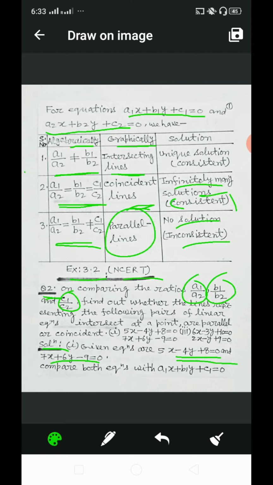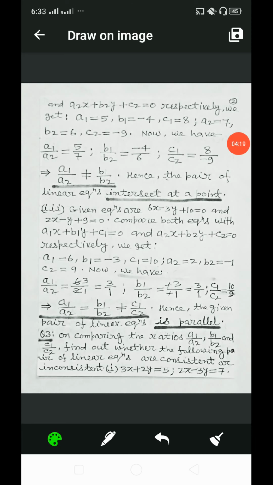Compare both equations with a1x plus b1y plus c1 equal to 0 and a2x plus b2y plus c2 equal to 0 respectively. We get a1 equal to 5, b1 equal to minus 4, c1 equal to 8, a2 equal to 7, b2 equal to 6, c2 equal to minus 9.